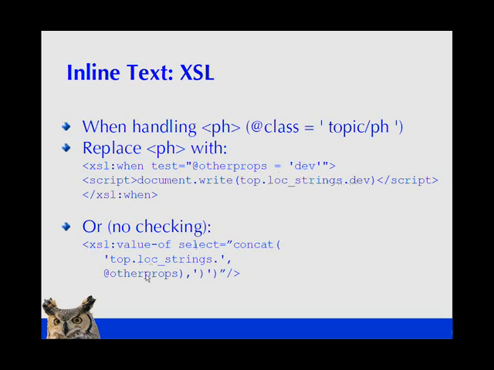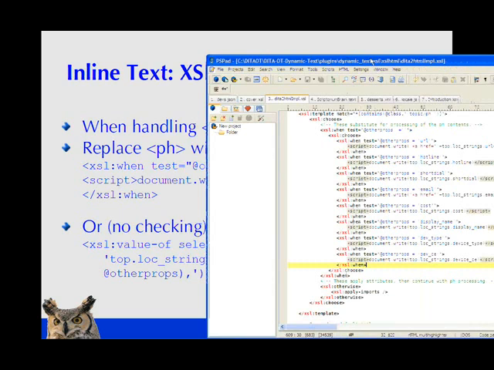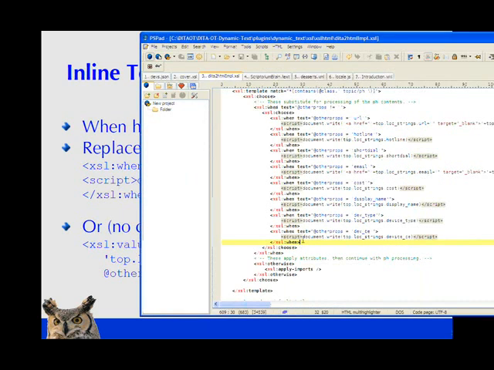We want to take topLookStrings and then concatenate to it whatever the value of otherprops is. So if this is dev, then this would be topLookStrings.dev. If it's display name, then display name would get substituted in there.